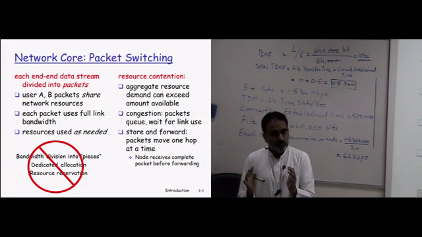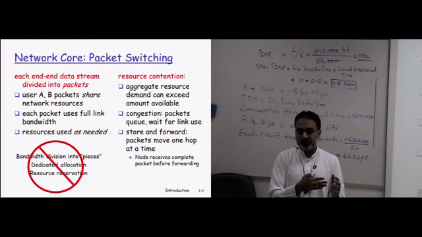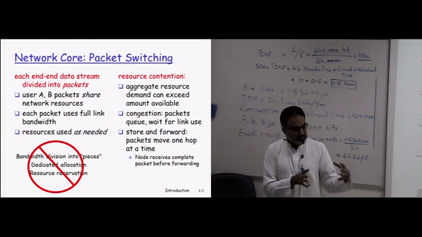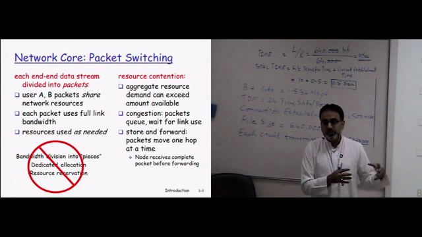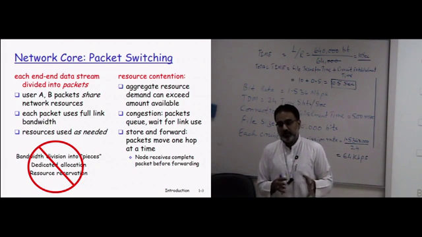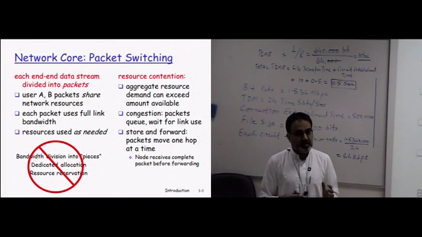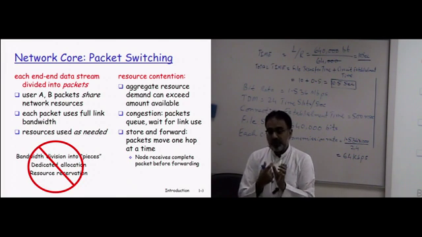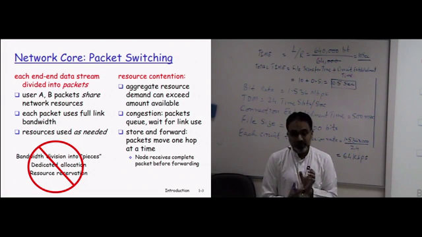Because definitely, when multiple hosts are sending packets towards an intermediate device, for example a router or a switch, the switch or router has to process those packets in order to switch them to the proper network. The router will take some time, because when the router receives a packet, it will look into the header of the packet in order to determine the destination network address.